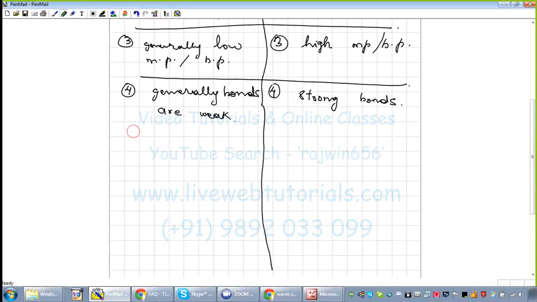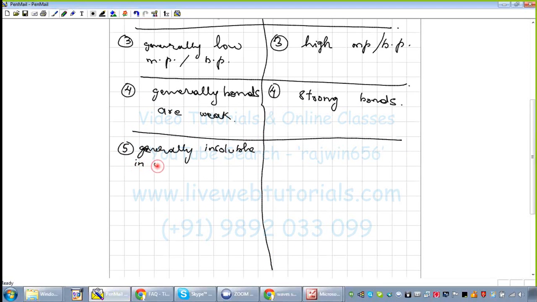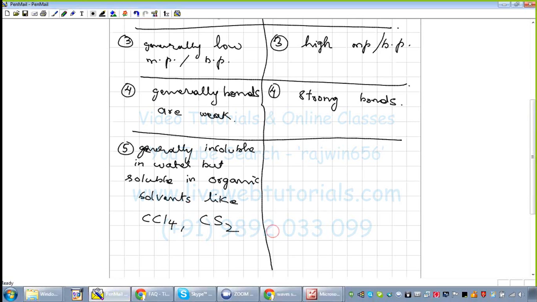More comparison properties. Covalent compounds are generally insoluble in water but soluble in organic solvents like carbon tetrachloride or carbon disulfide.